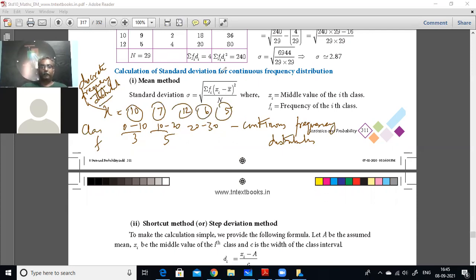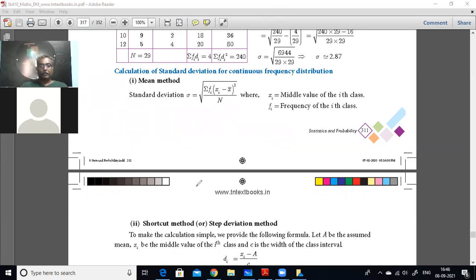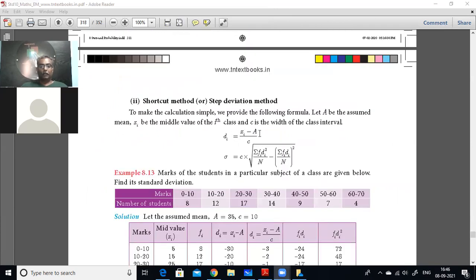Here now you are going to find for continuous frequency distribution. So let us do the step deviation method, which is the shortcut method. Here, how do you find di? In the assumed mean method, deviation di is equal to xi minus assumed mean.